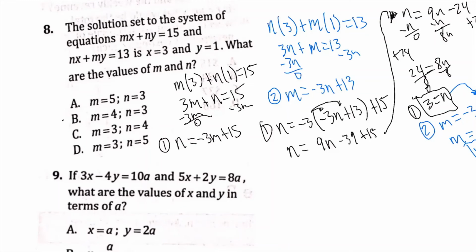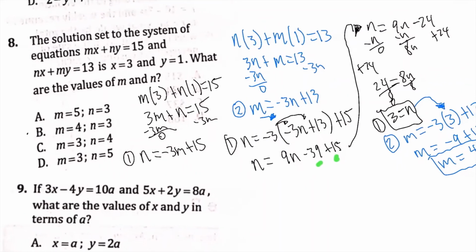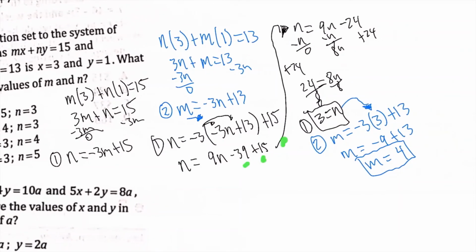So then we just plugged in our m value, right? We just plugged it in here. Once we did that, we just simplified, right? N equals 9n minus 39 plus 15. And then we moved it all over here. We simplified some more, and then we divided and got n equals 3.